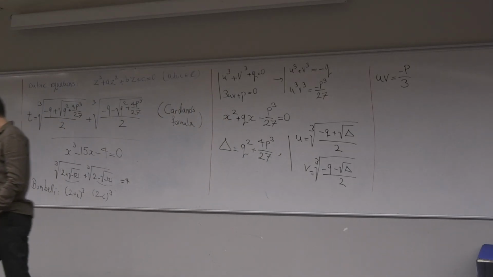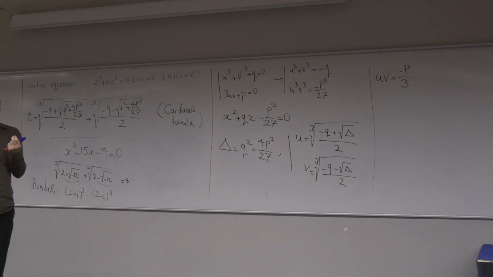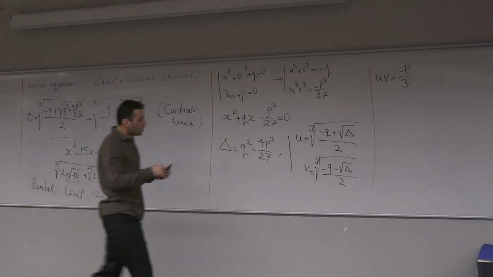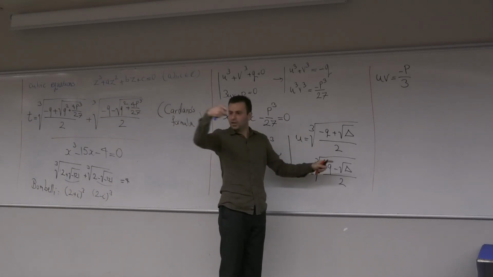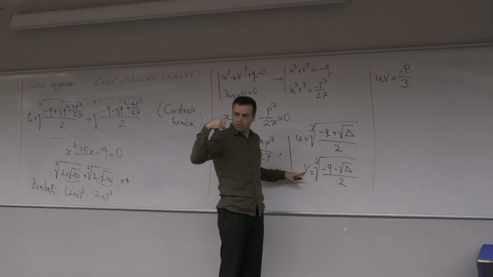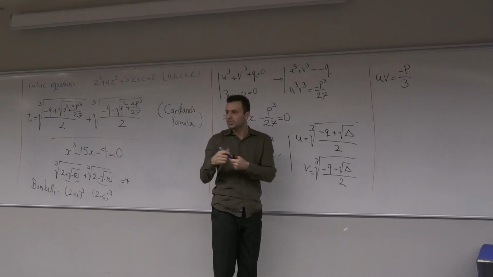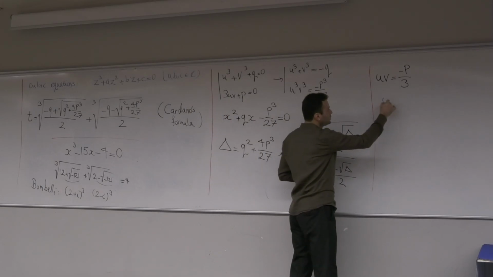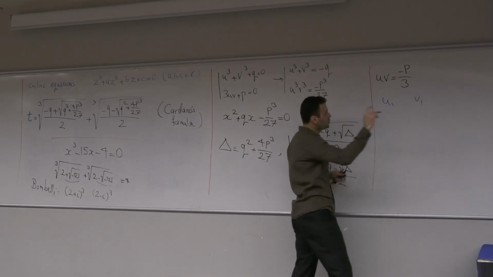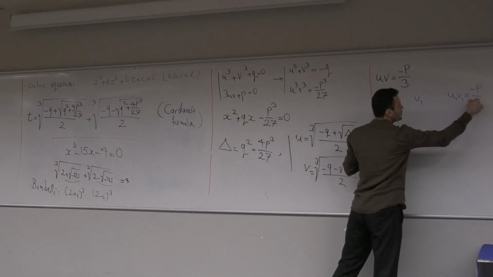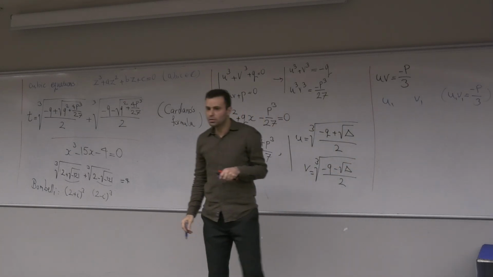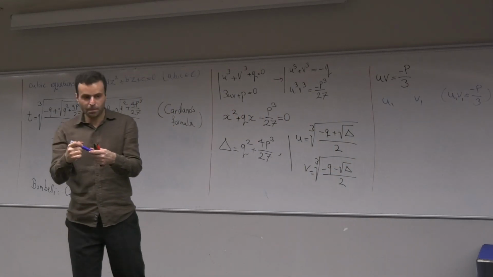For instance, let's assume that from these 3 roots, we are selecting one of them, and from 3 roots, we are selecting the other one. Let's call it u1 and v1, such that u1 times v1 is equal to minus p divided by 3. Okay? We select these options.